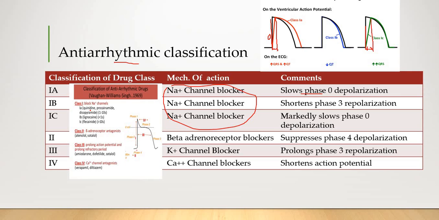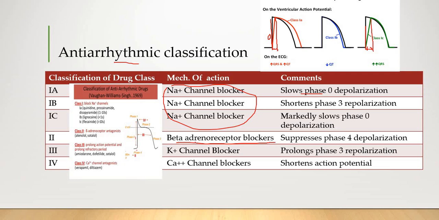For 1A, the classical drug is quinidine, for 1B you can see lignocaine, and for 1C there is flecainide. And for class 2, these are called beta adrenoreceptor blocking agents like propranolol, inderal, and many others: metoprolol, carvedilol, esmolol.